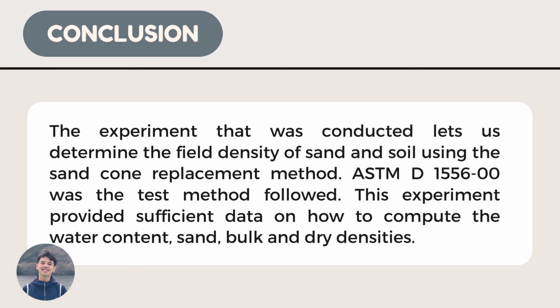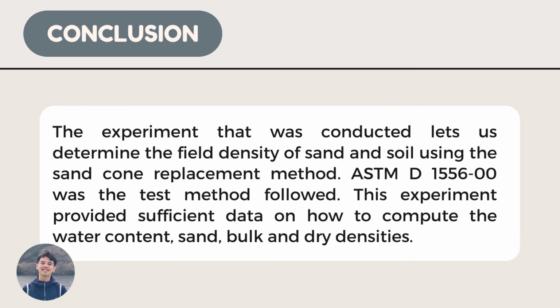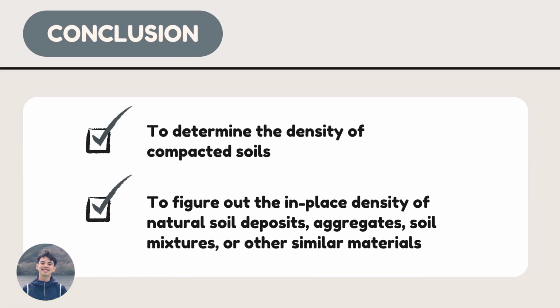The water content and dry density were also determined, having values of 0.22966, or 22.97%, and 1,142.464 kg per cubic meter, respectively. Therefore, the experiment's objectives, which are to determine the density of compacted soils and to figure out the in-place density of natural soil deposits, aggregates, soil mixtures, or other similar materials, were met.